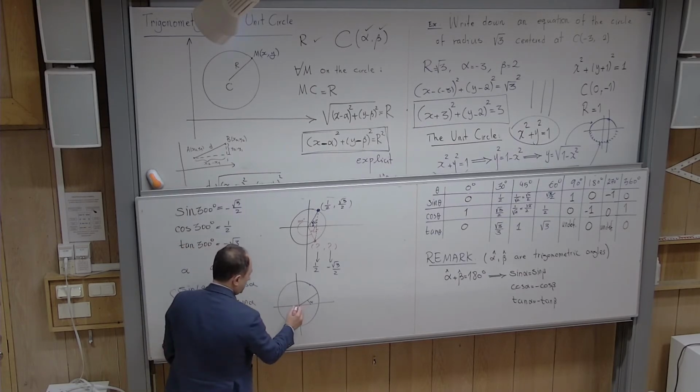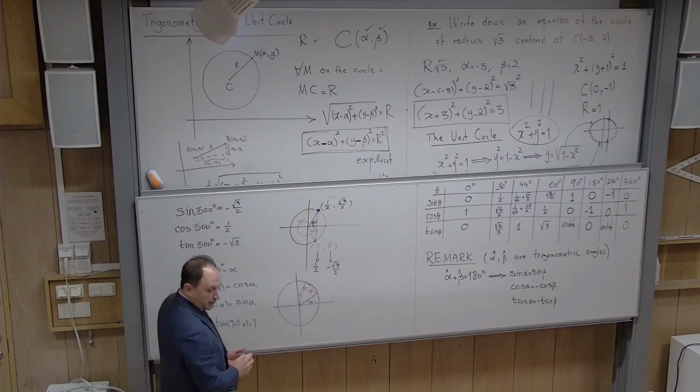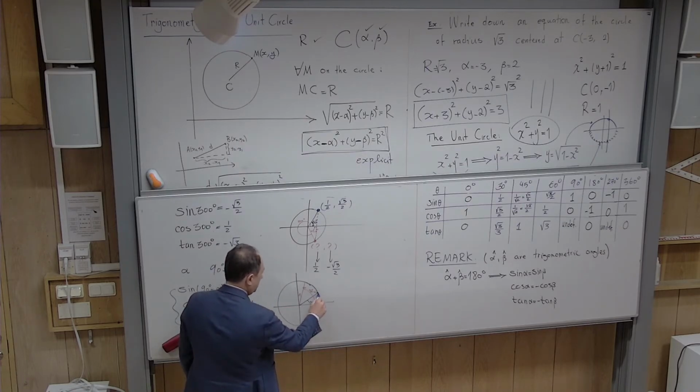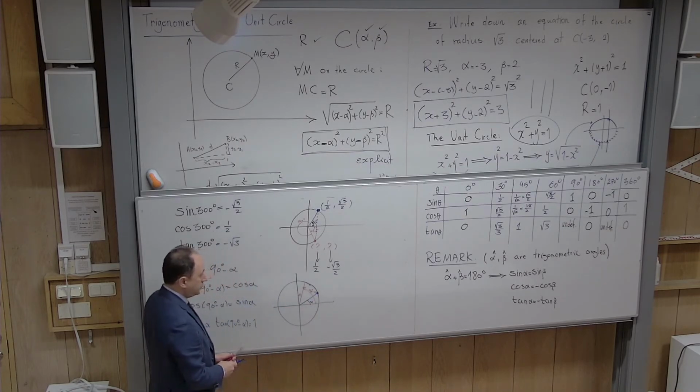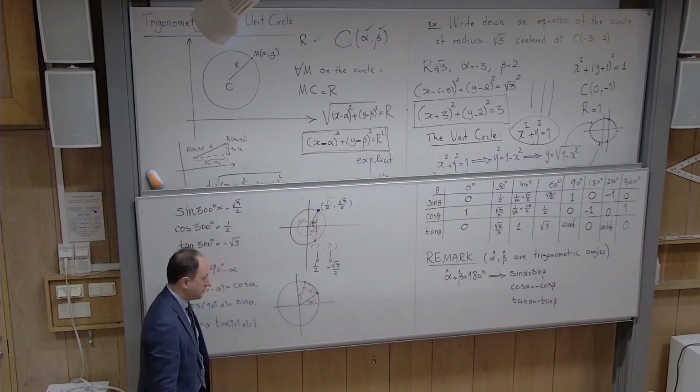So I hope that you agree with me, if this part is alpha, then this is what? Which angle? Yes, do you agree? So you see, if I ask you where is the final point for alpha, you show me here. Where is the final point for 90 minus alpha? You show me here. Okay?